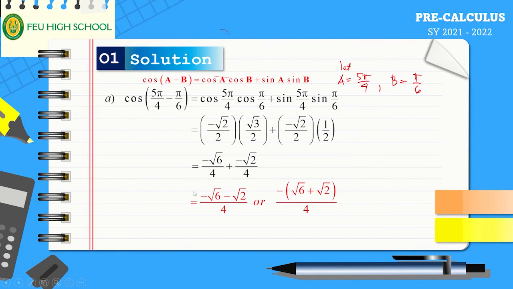So, this is the exact value, and once you try to convert it into decimal, magiging non-terminating yung ating decimal, and mapipilitan tayong mag-round off. Kaya yung final answer natin, isulat lang natin sa format na ito.